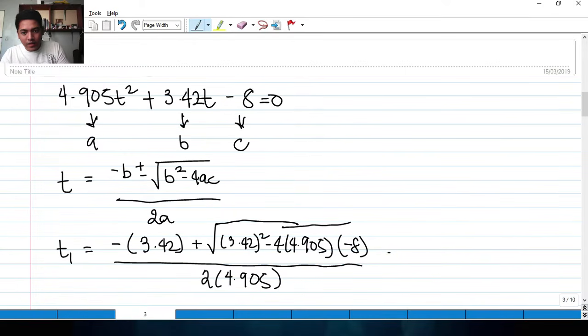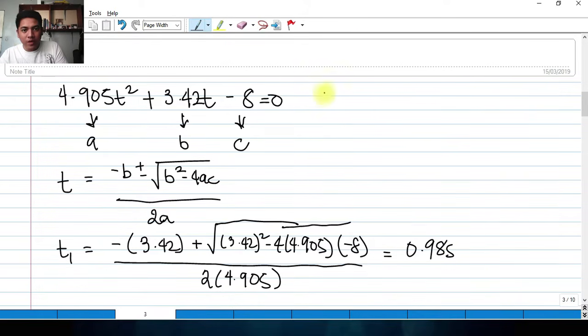So evaluating that, let's try. Just give me a second. I think it should give us a positive value. So that is equivalent to 0.98 seconds.